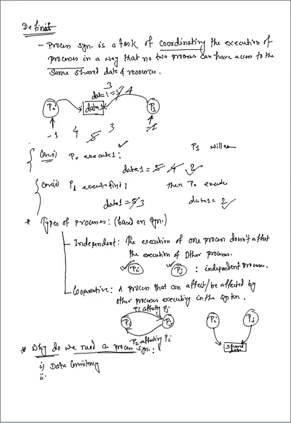Next we have a race condition. What is the meaning of race condition? For the time being I will just tell you in one line. Race condition means there is shared data, and two or multiple processes want to change the value of that data. There are chances that if the order of execution of processes changes, the value of data will change.